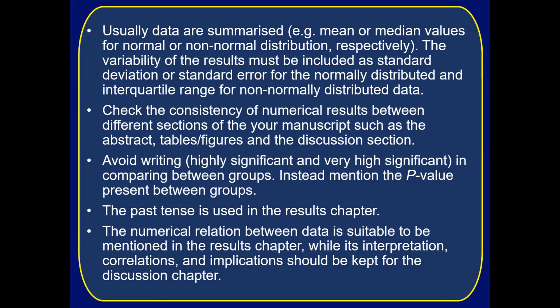Check the consistency of the numerical results between different sections of your manuscript, such as the abstract, tables, figures, and the discussion section. Sometimes the numbers presented within the results, which is the main chapter talking about the numbers, when you talk about them later on or previously within the discussion or the abstract, for example, there are mistakes made by the authors or the students, put it in a different way.